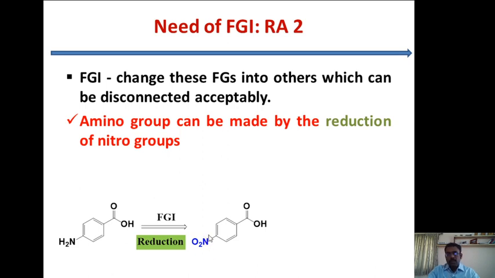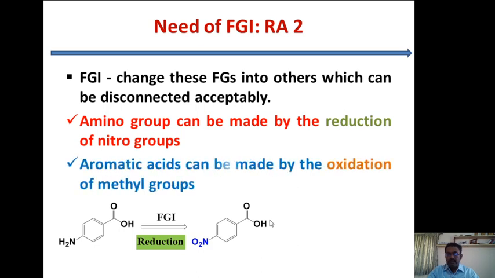Next, the acid group, that also we can convert into a methyl group. Aromatic acids can be made by the oxidation of a methyl group, that we know from known chemistry. So we are using that chemistry for the disconnection of the acid group. First we convert the acid group into the methyl through functional group interconversion.